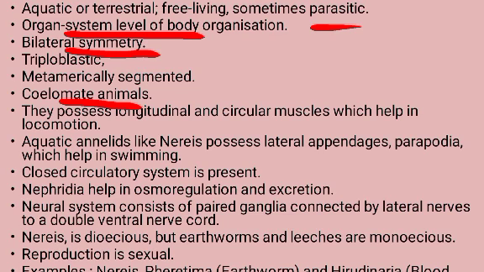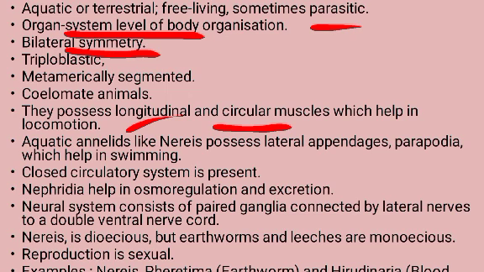Then their body is marked into what? Segments or metameres. Each segment we can call a metamere. These organisms possess longitudinal as well as circular muscles, and these muscles help in locomotion.